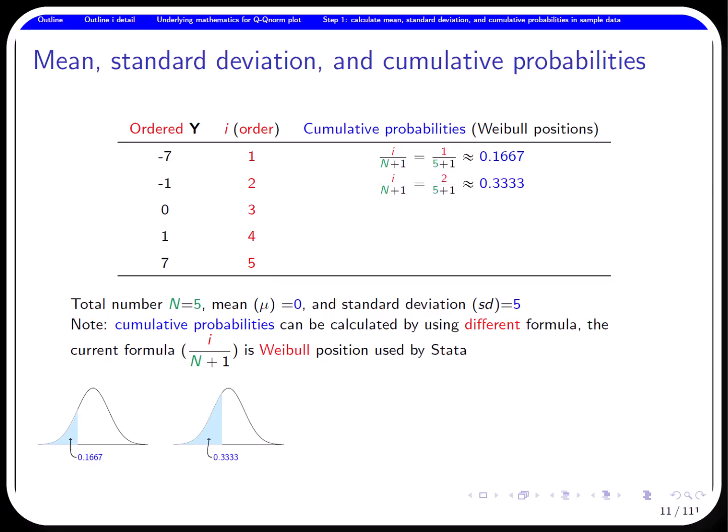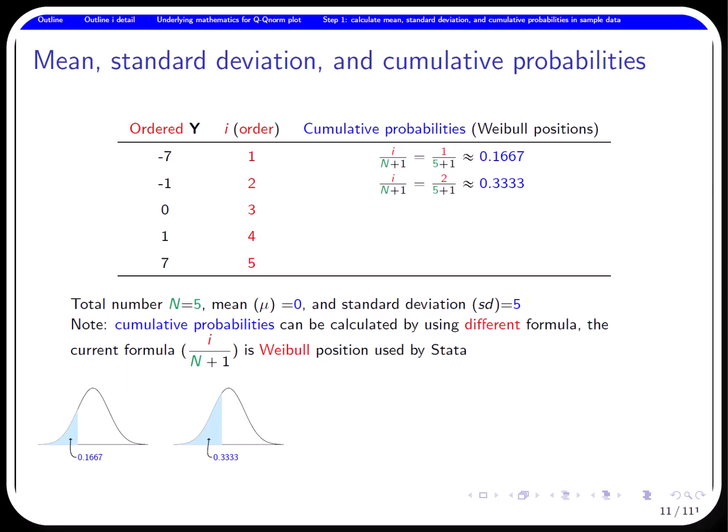Let's look at the second observation. The cumulative probability is 2 divided by 5 plus 1, roughly equal to 0.333. The cumulative probability is illustrated by the second figure at the bottom. The shaded area is the cumulative probability.